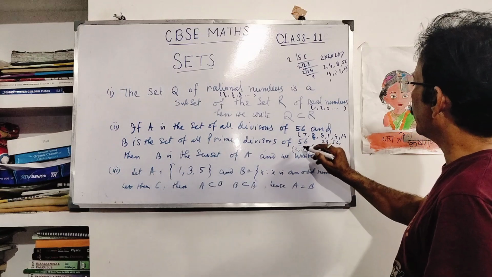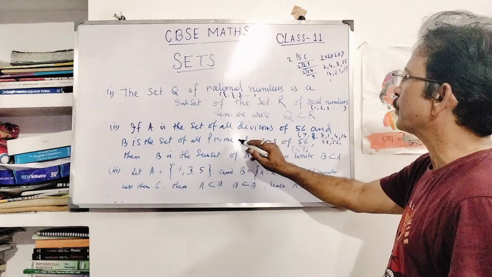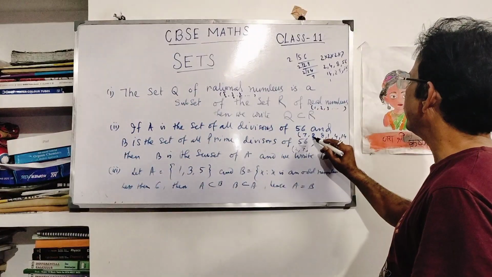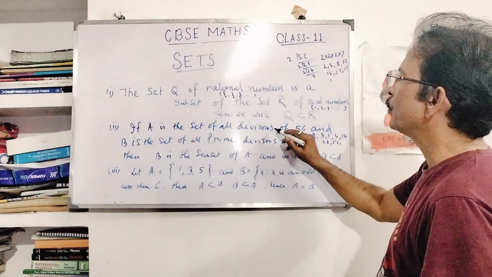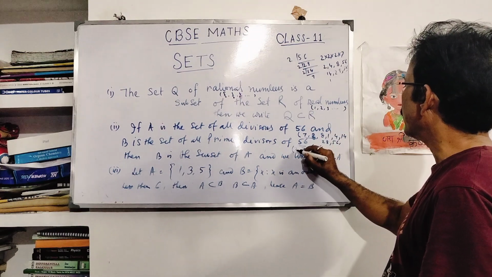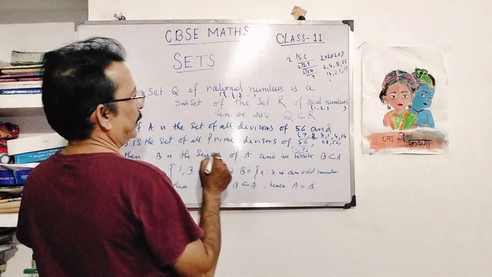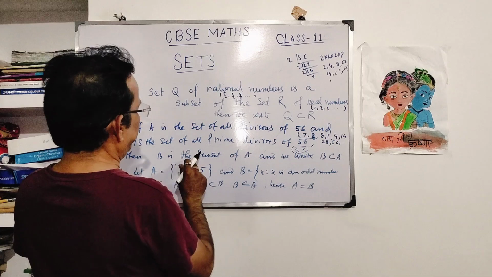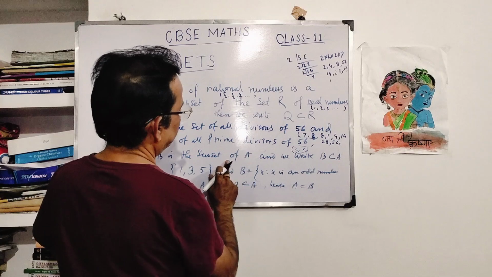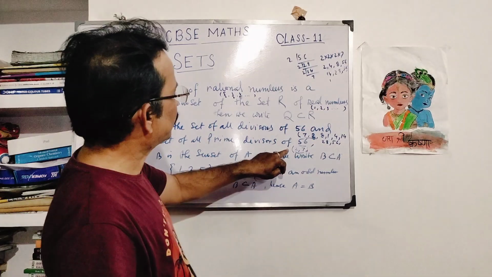So 2 belongs to B, 7 belongs to B, 2 belongs to A and 7 also belongs to A. The elements are the same, and that is why we can say that B is a subset of A. B is small.